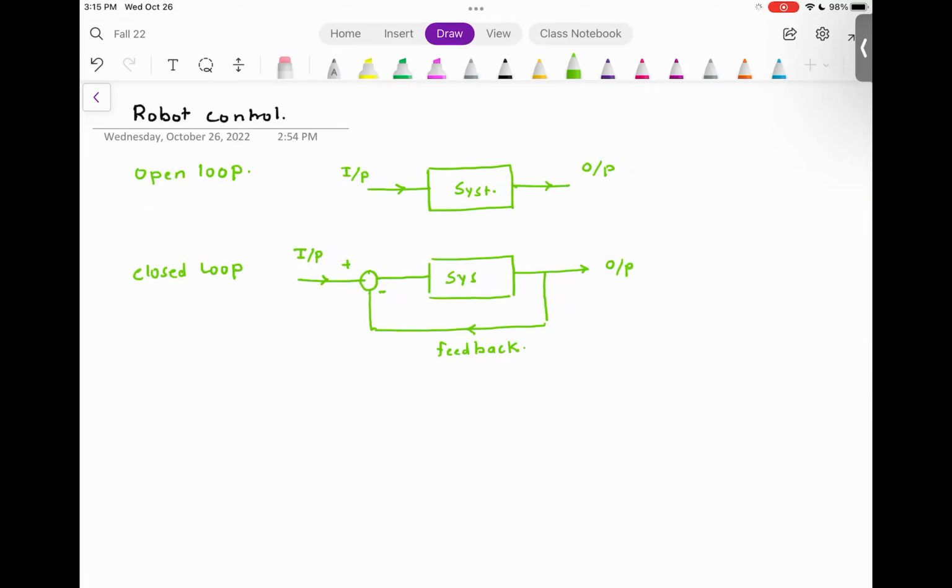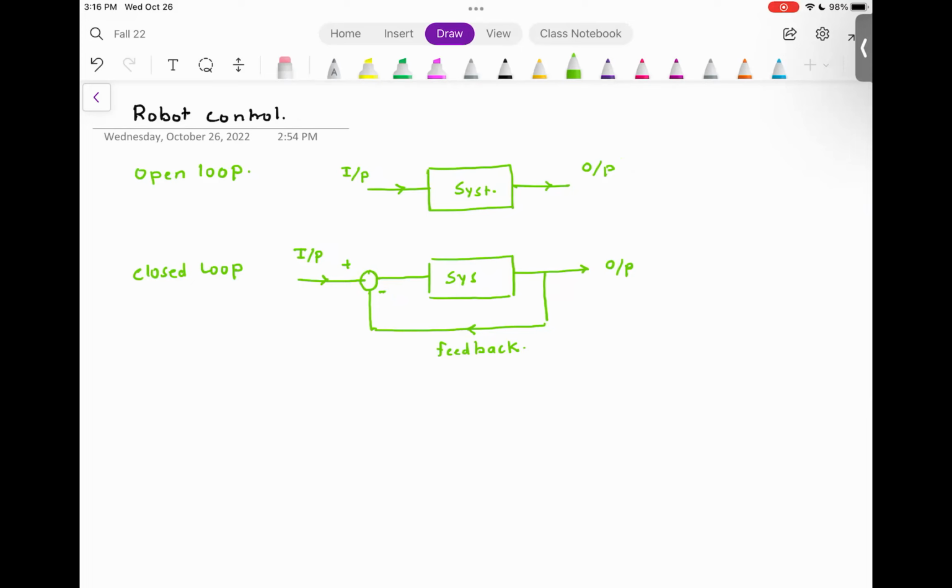Now, let me give you an example of open loop and an example of closed loop. Imagine if I start teaching without looking at you or without gauging whether you have understood the concept or whether you are following what I'm saying, then it would be like teaching in an open loop.